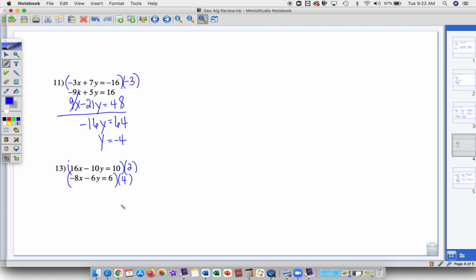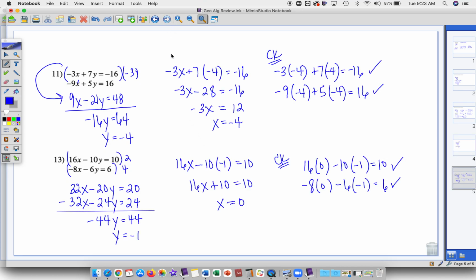And then I can solve, that will cancel these out. I can solve for y and then go back and plug the y in and solve for x. So go ahead and try that now. And when you're done, come back and we'll compare solutions. Okay, let's see how you did.